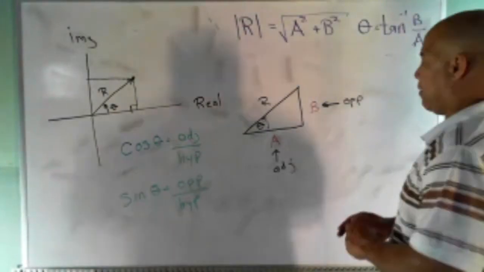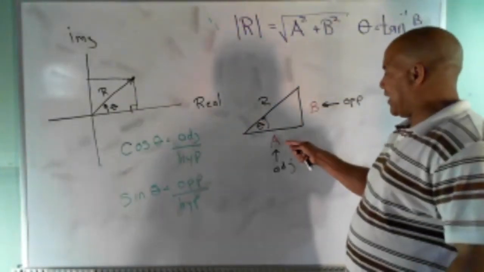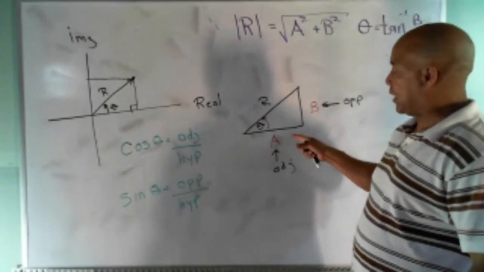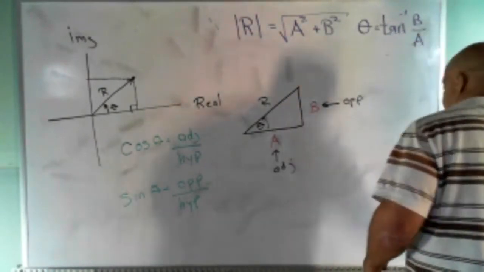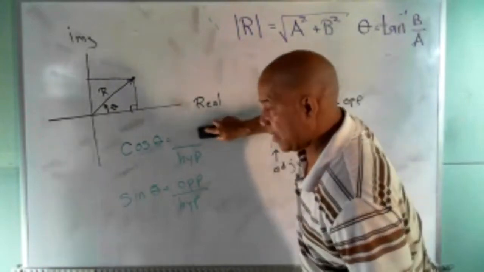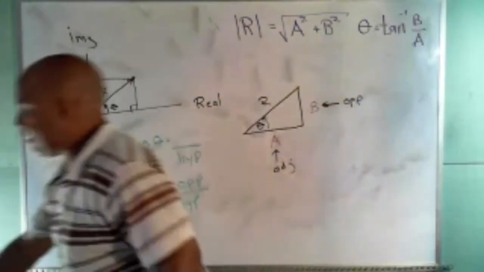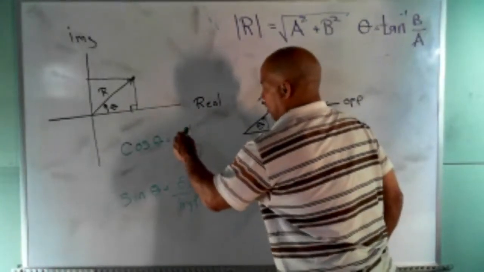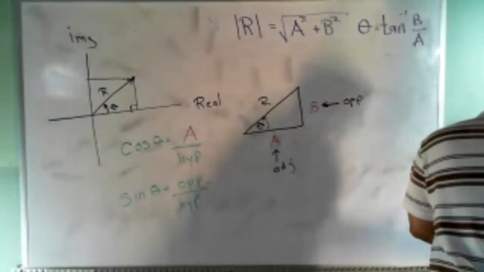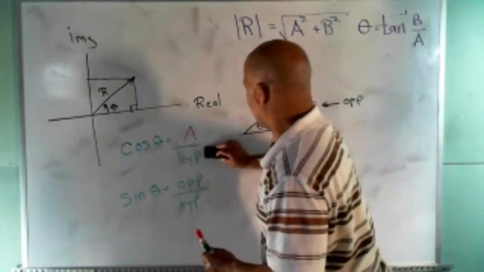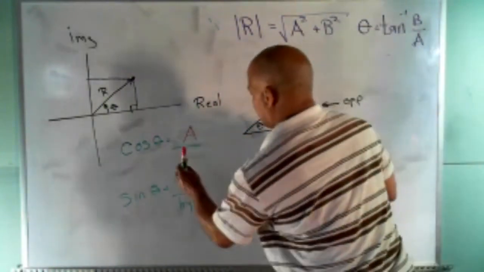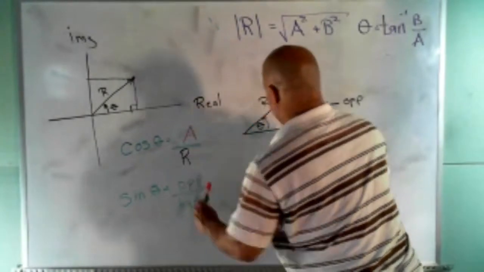And so if you think about it, we want to know the adjacent side. We don't know it, that's what we're looking for. We're looking for A. So I'm going to erase this and put the A there and keep it in red. The red is what we're looking for. We don't know that, but we do know the radius vector. That's my hypotenuse. And we also know that angle right there.